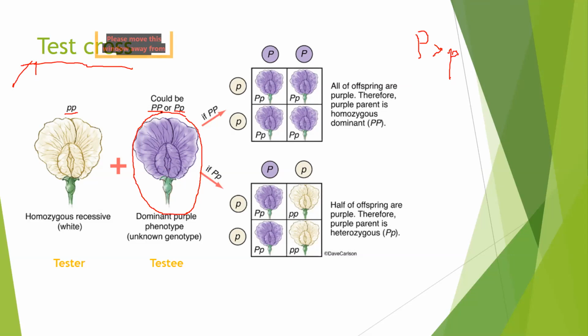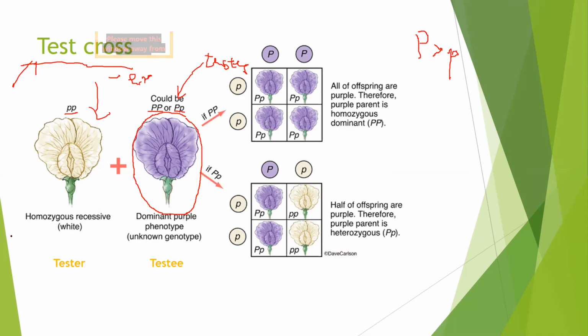What we do is we call this individual with unknown genotype the testee, and this is the tester. So why do we use the little p as a tester?